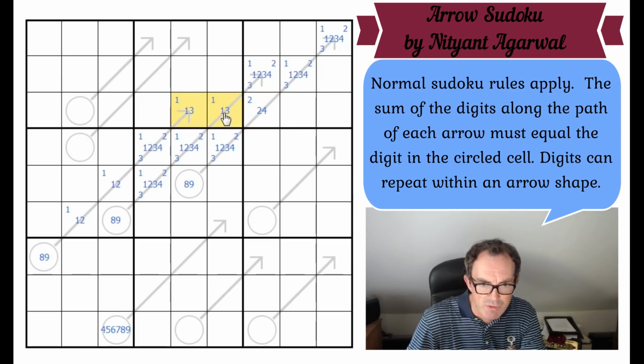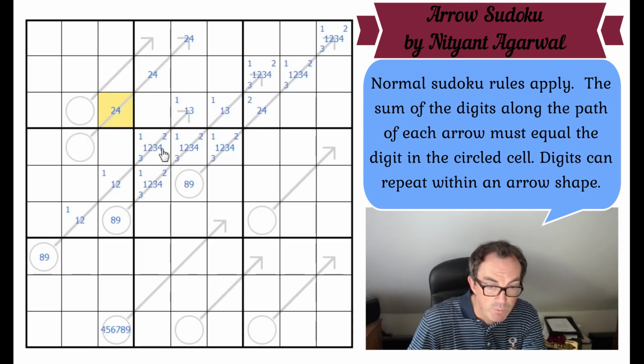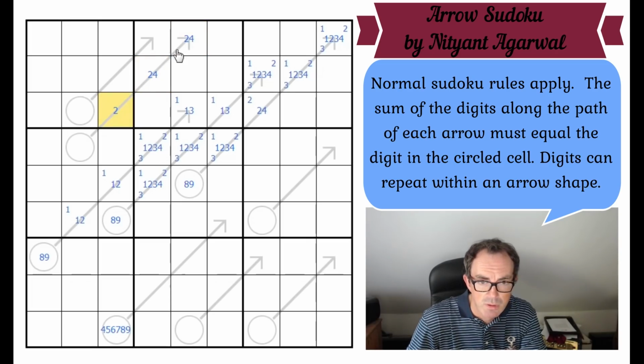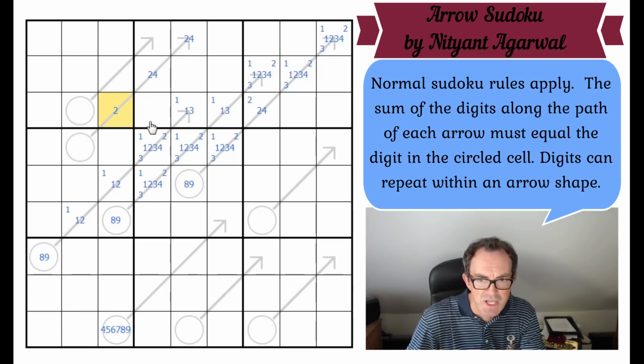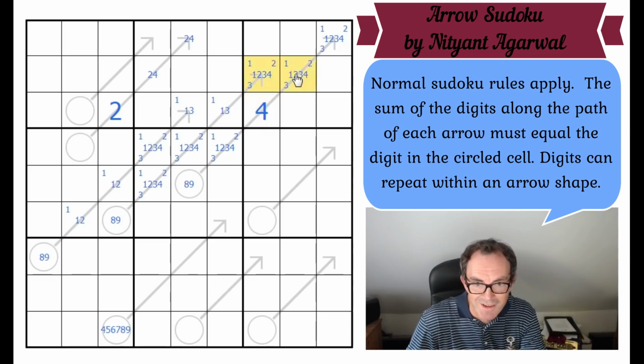This is a 1-3 pair. So now this square's got to be 2 or 4. The minimum value in those two squares would be 6 now, so this can't be 4. So in fact this has to be 2, which means this has to be 4. Wow.